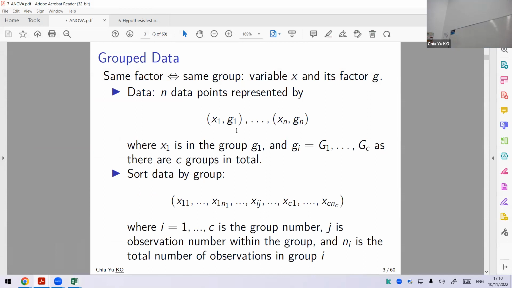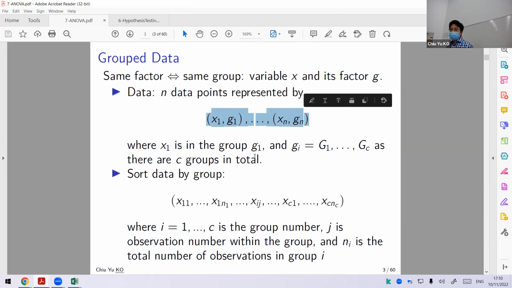In terms of notation, this is called a factor. Sometimes they call it a factor, the description of the characteristic of the data. Of course, you can think of the group, male or female, as also a factor. This is the data we collect.